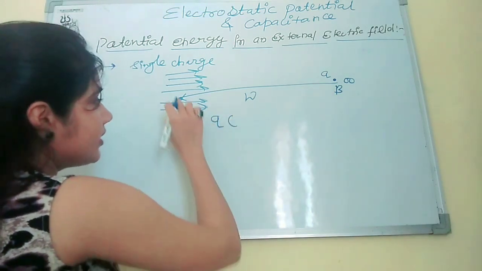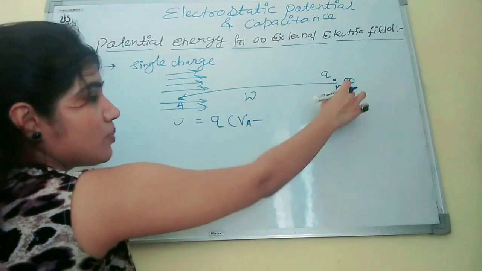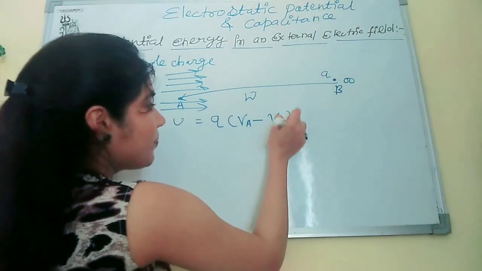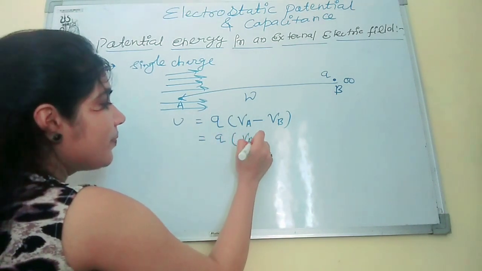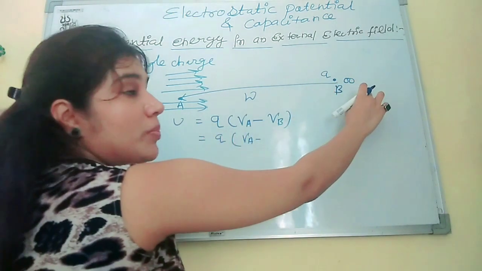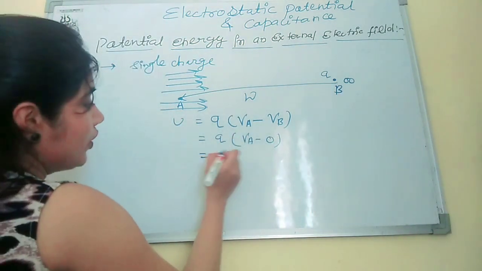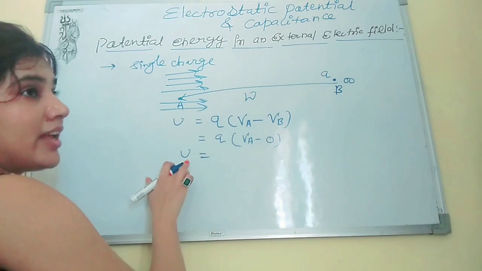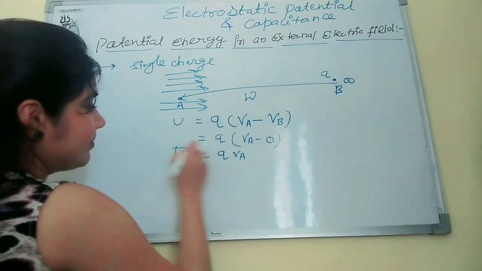So in point A the potential will be VA. At this point the potential is VB. So this will be Q into VA. At infinite we know the potential is 0, so we simply put here 0. So the potential energy becomes Q into VA.